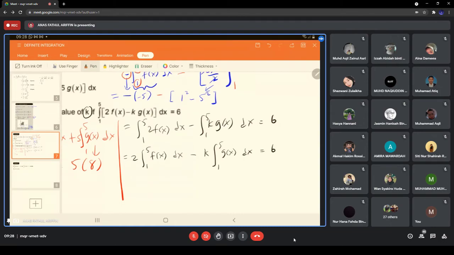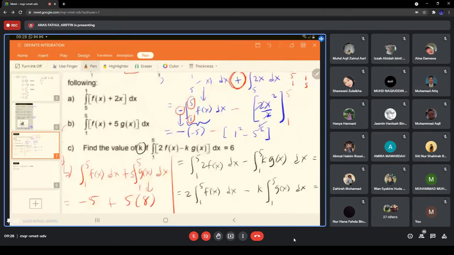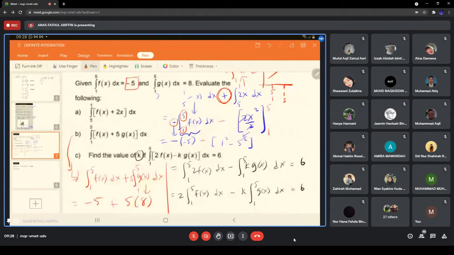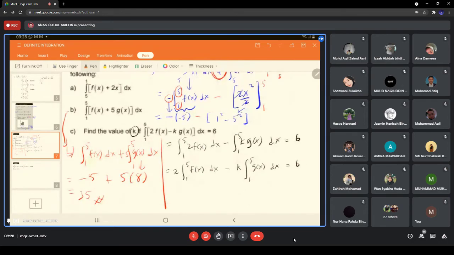Now what is the integration from 1 to 5 for function fx? This one is given equivalent to negative 5. And for gx from 1 to 5 is 8. So kita substitute je the value.